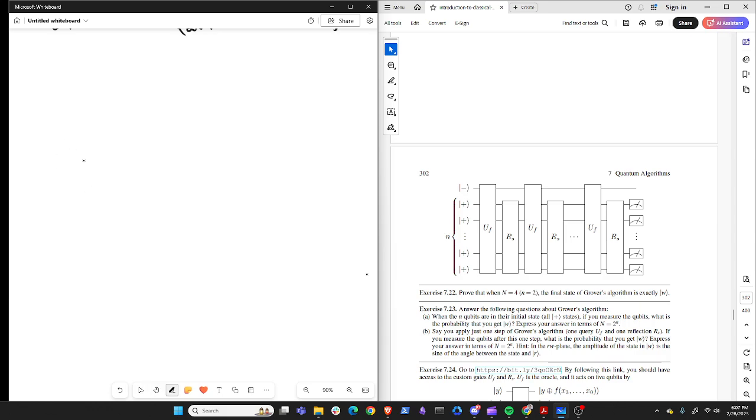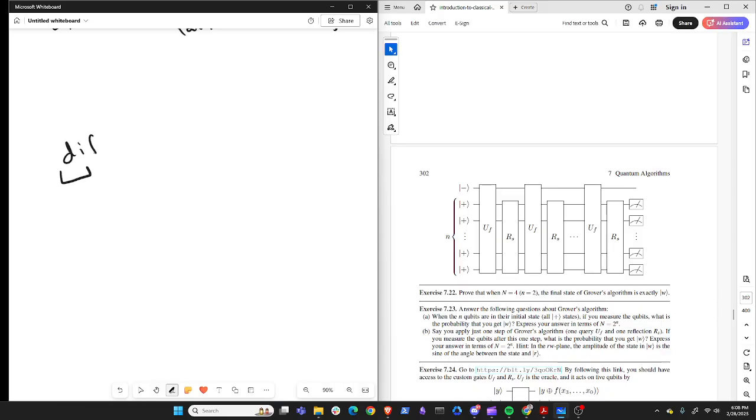Basically, I remember this from the lab. There's rotation and there's diffusion.